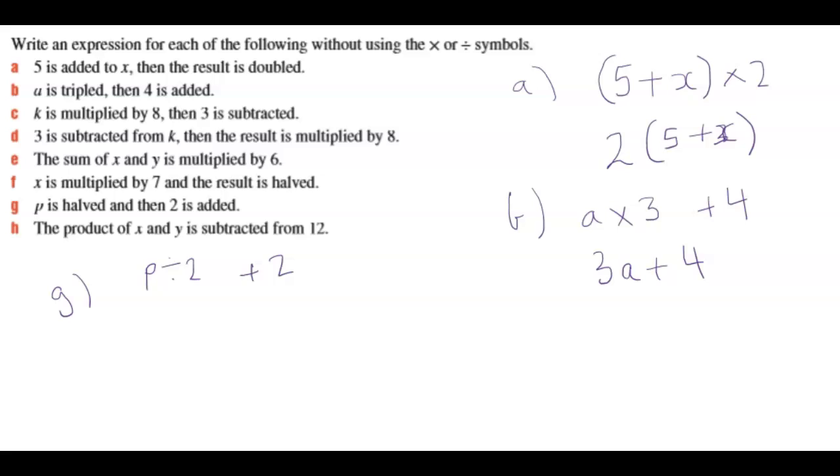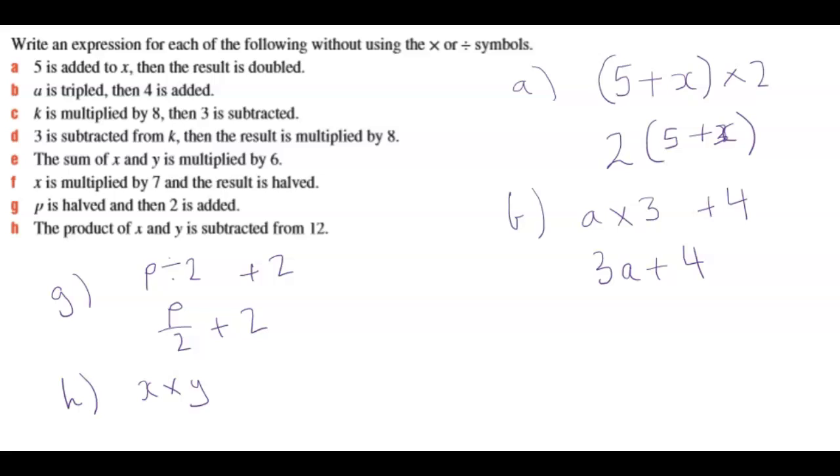Now remember in our key ideas above that we don't really write the division sign. We write it like a fraction. So it's p over 2 plus 2. And then H, the product of x and y. Product means to multiply, so we're going to multiply them together. Notice how I'm writing my x's different to my multiply sign.